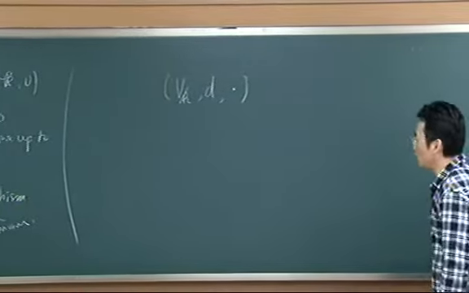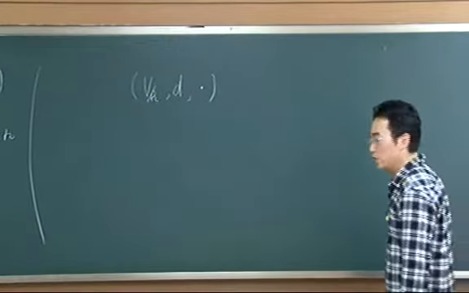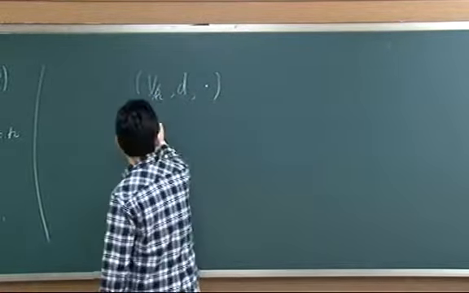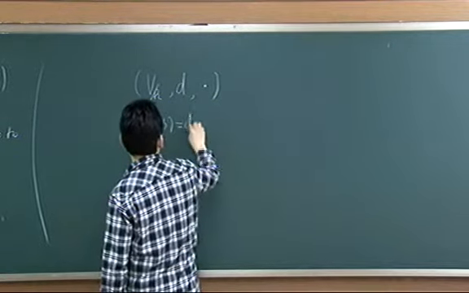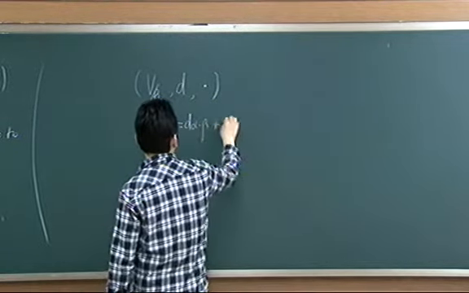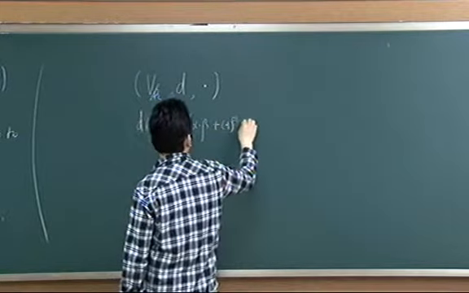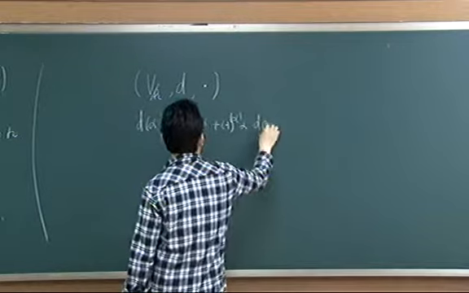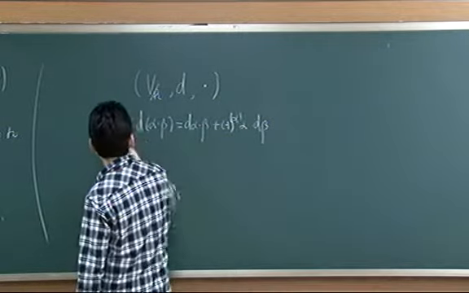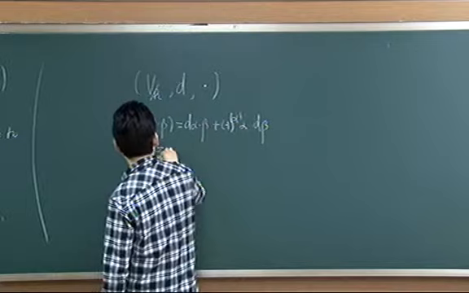Not just the cochain complex, but let's consider algebraic structure here, such that D is a derivation of the product, with degree alpha times D beta. And this is a differential graded algebra.